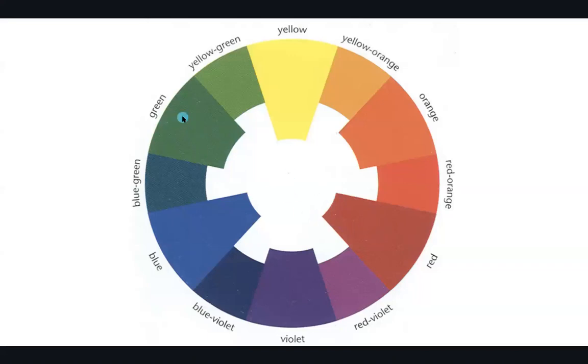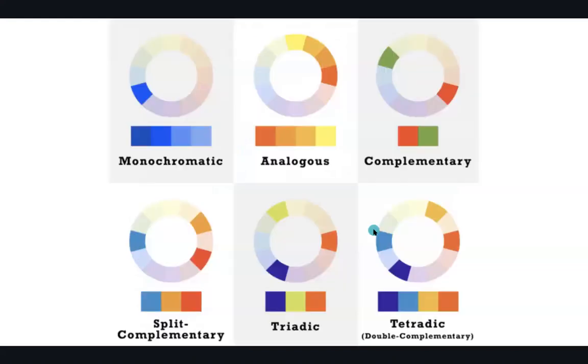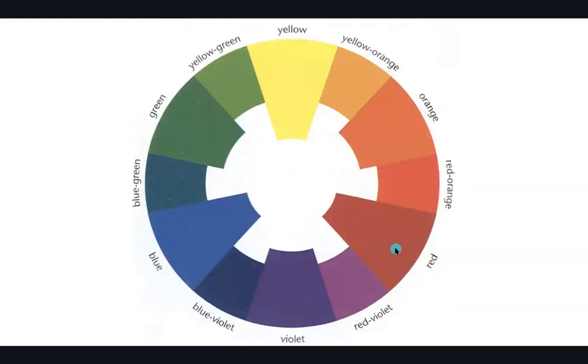If you want to do a split complementary, what you select is, instead of selecting green, you select the two colors that are beside green on the left and on the right. Did you get it? Yes, I got that. So what you have is red, yellow-green, and blue-green, instead of red and green.